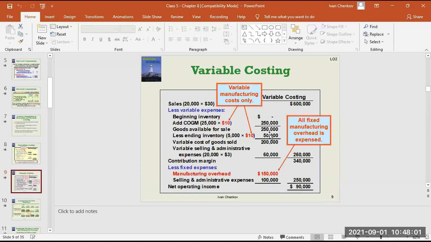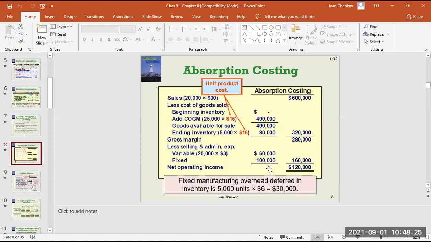So, since our inventory here is $30,000 less, that means those $30,000 are included in the expenses. So that means that our operating income under the variable costing should be exactly $30,000 different than the absorption.